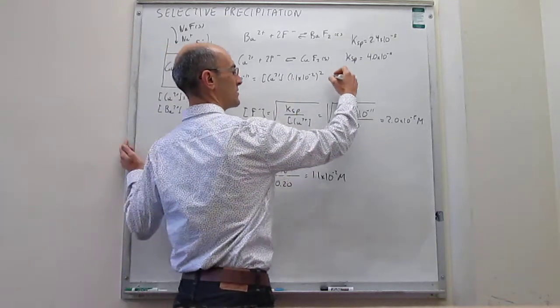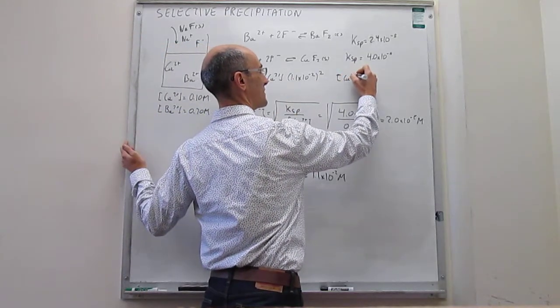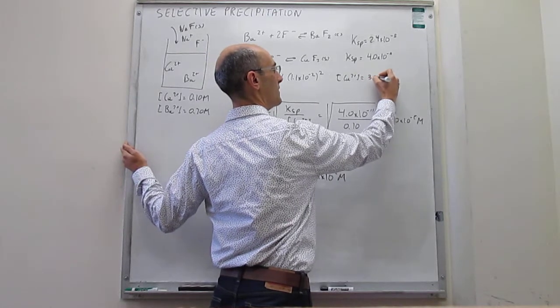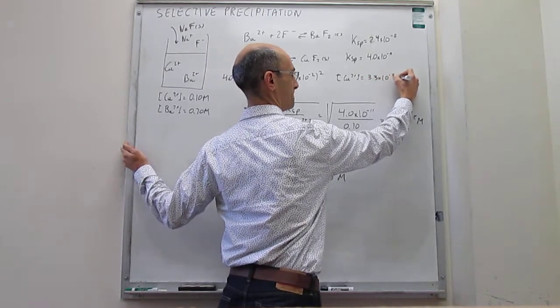And of course, this amount is going to be very, very small. Calcium 2+ is equal to 3.3 × 10^-7 molar.